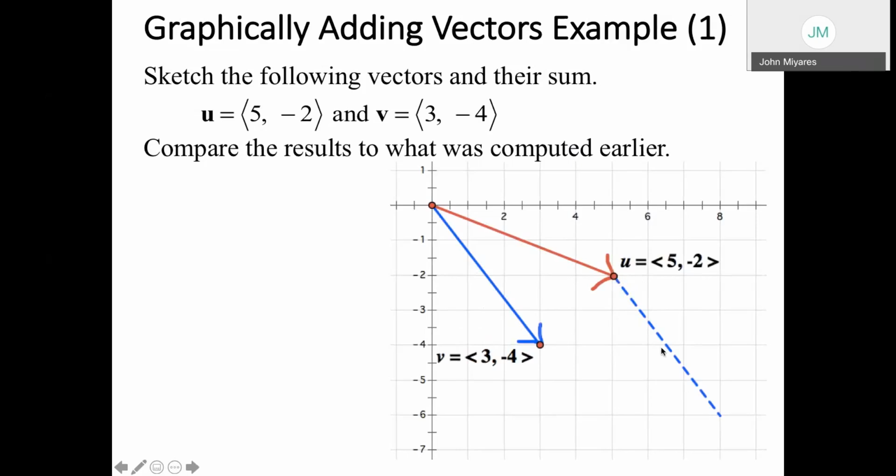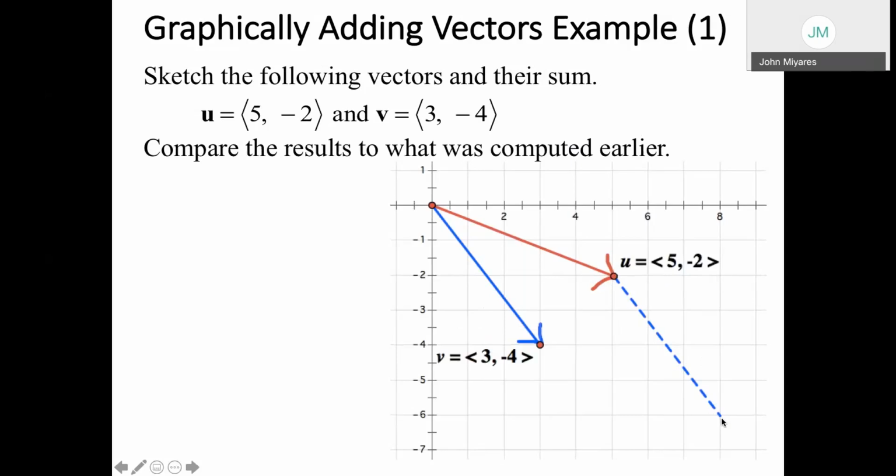I've drawn this dash line in blue, and you'll see it maintains the same direction and magnitude of vector v. So I'm going right 3, down 4 from the head of vector u. Notice that the point where this ends up is 8, comma, negative 6.